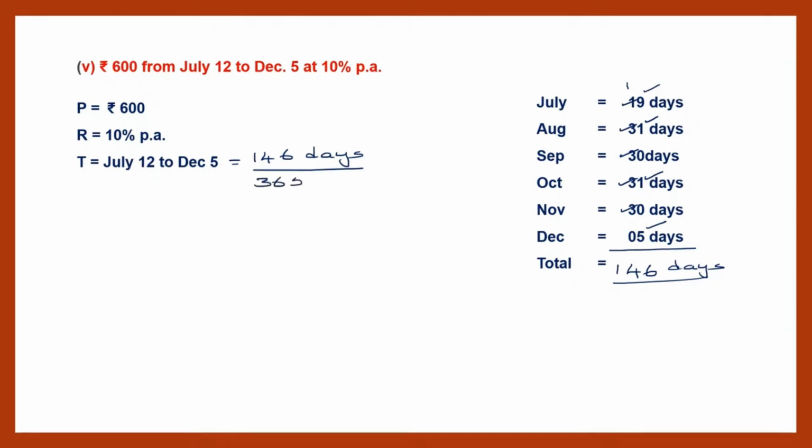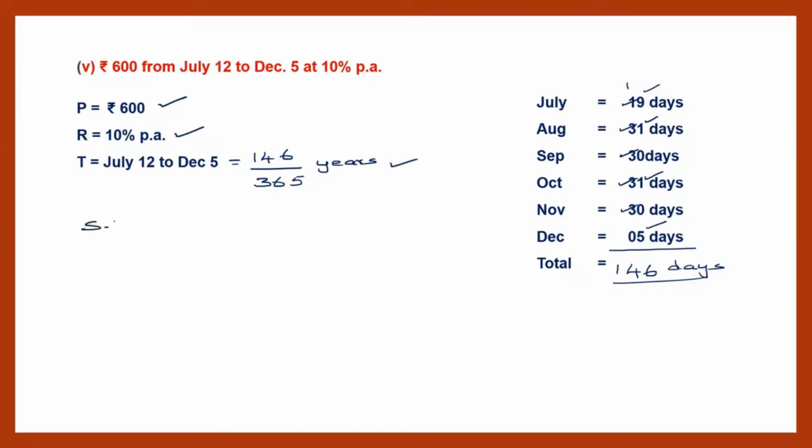In a year, we have 365 days. So now this has become 146 by 365. This is going to be year. So this is that many years. So now we have found everything in the right way. So we have principal, rate we have per annum, and time also we have in years.